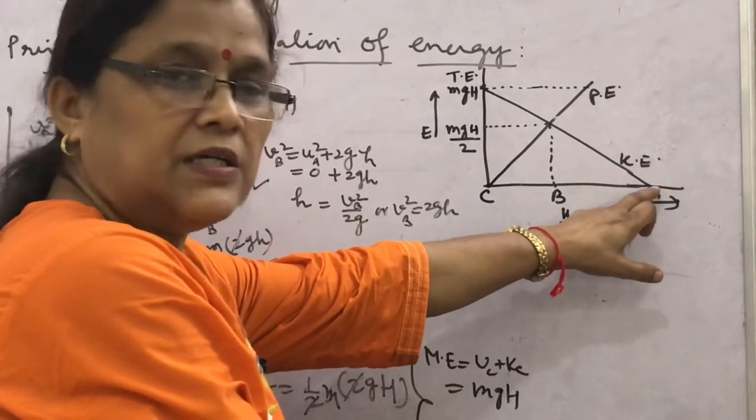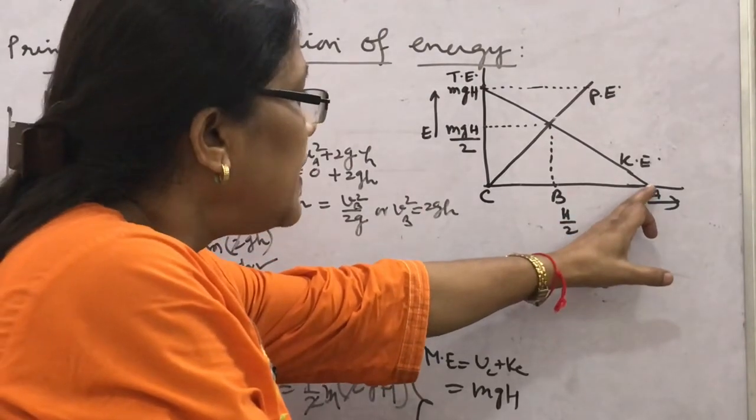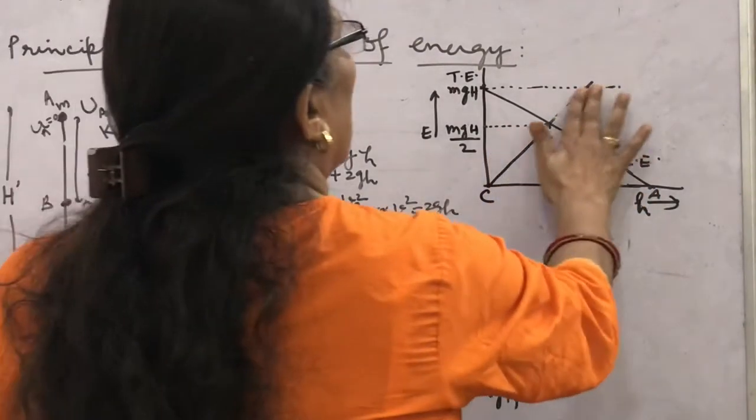What is kinetic energy here? 0. And at A, what is potential energy? How to draw this graph?